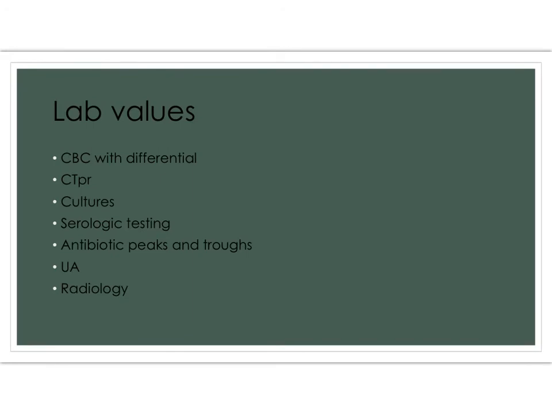You guys understand that we want to do cultures. There's lots of different types of cultures that we can do. You guys understand that we can culture any kind of drainage that we find, and you also understand that we can culture the blood if we suspect sepsis. We can culture stool, which we often do to see what type of organism is growing, and a lot of times we want to culture the urine if we have a urinalysis, which is listed here, that comes back positive.